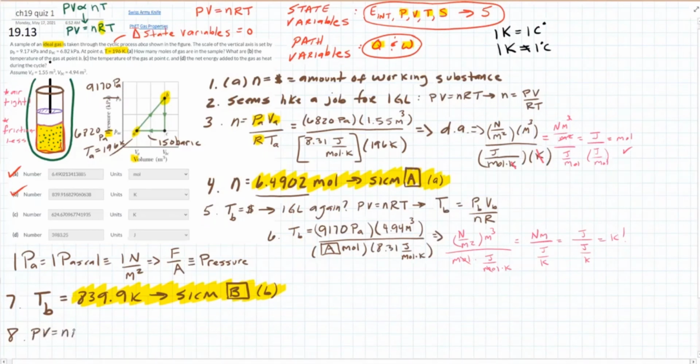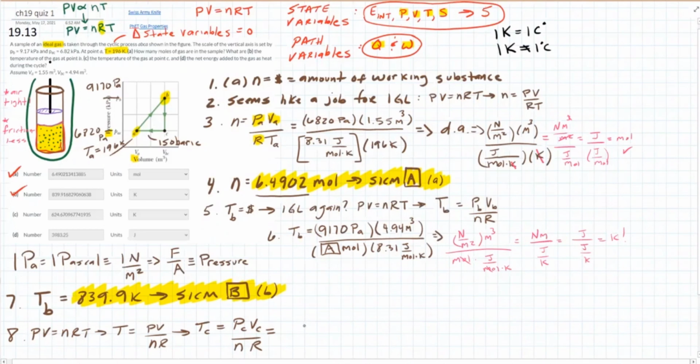PV equals nRT means T equals PV over nR. With subscripts, the temperature at C is equal to the pressure at C times the volume at C, all over n, I don't need to subscript n, all over the ideal gas law constant.